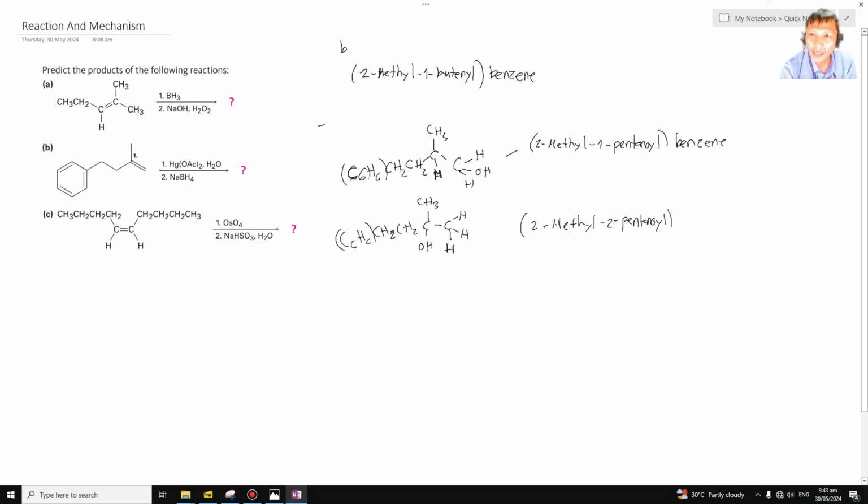We can understand that these two, in our case, might be the product. So both of these would be correct. 2-methyl 2-pentanoyl benzene. So from this, your answer should be either this or this. That is letter B. May I cut so that it will not be boring. Thank you guys for listening.